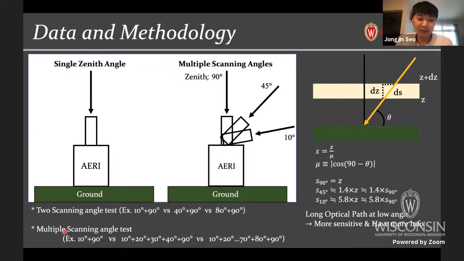The second test is a multiple scanning angle test. For example, 10 plus zenith, 4 more scanning angles plus zenith, and 8 more scanning angles plus zenith. And from this test, we will look at the effect of the number of scanning angles on retrievals.